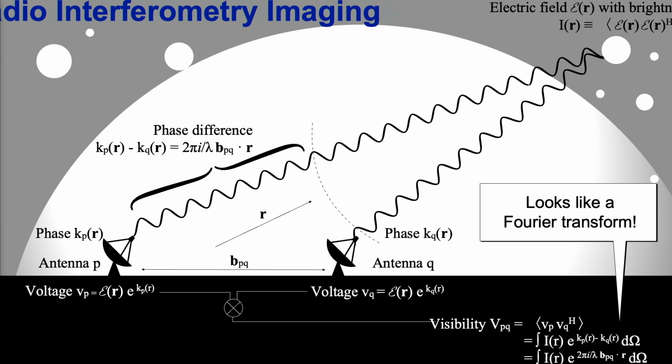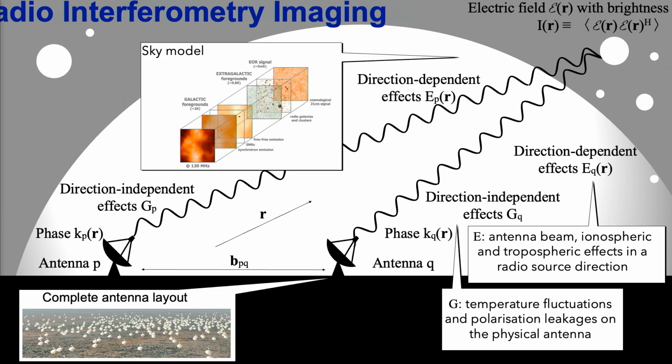So let me just give you a quick idea how this works. Interferometry: you have a signal coming from your object, from gas in the universe. Of course, they go to your telescopes at different times, so you have to correlate the signal from the different telescopes, basically making a Fourier transform of the sky. But of course, it's not just as simple as that.